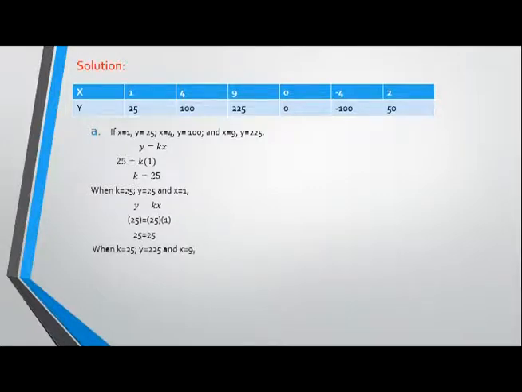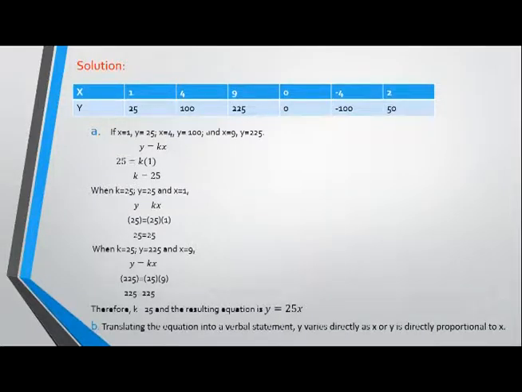When k is 25, y is 225, and x is equal to 9, we have 225 is equal to 25 times 9, resulting in 225 is equal to 225. Therefore, k is 25 and the resulting equation is y is equal to 25x. Translating the equation into a variable statement, y varies directly as x, or y is directly proportional to x.